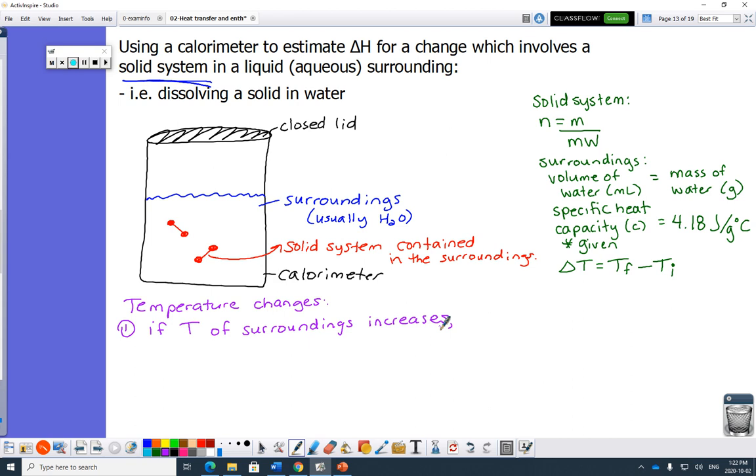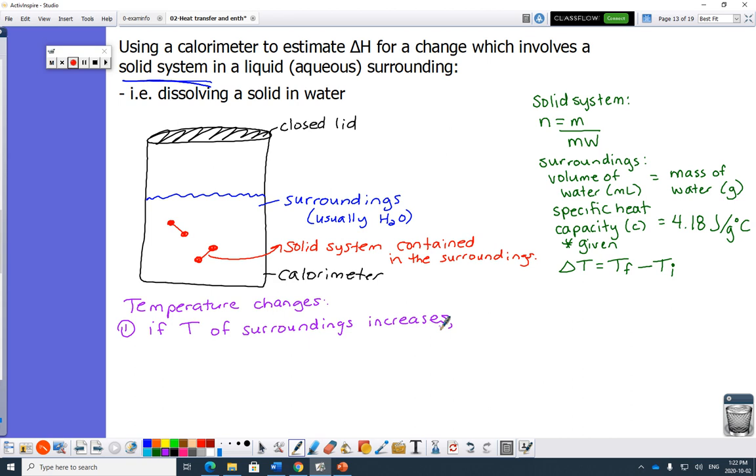So what you're going to do is make observations about the system, or the surroundings, sorry, whether it's on a paper and pencil task or in a lab, but you're going to note the temperature change. Does the temperature go up or increase, or does it go down or decrease?